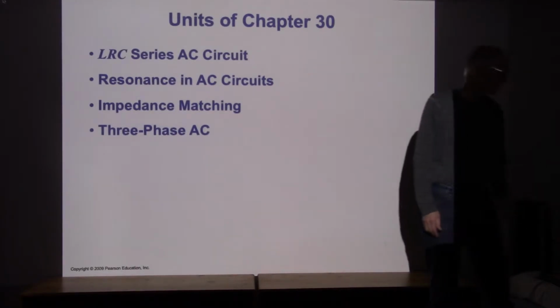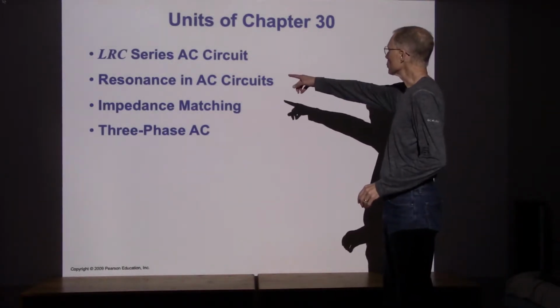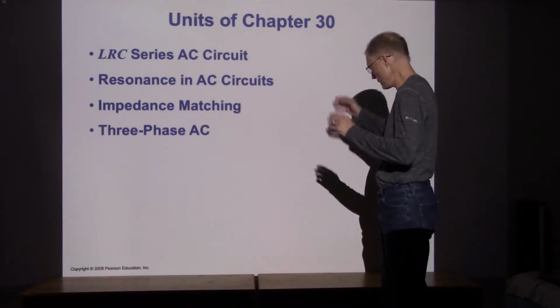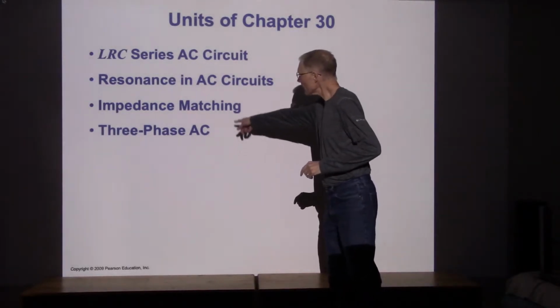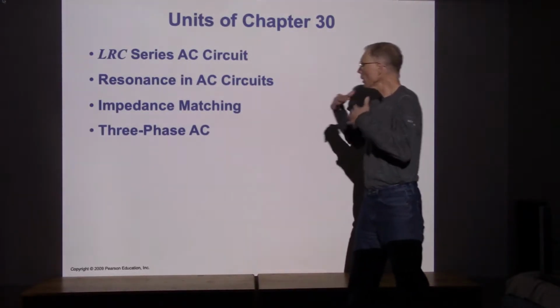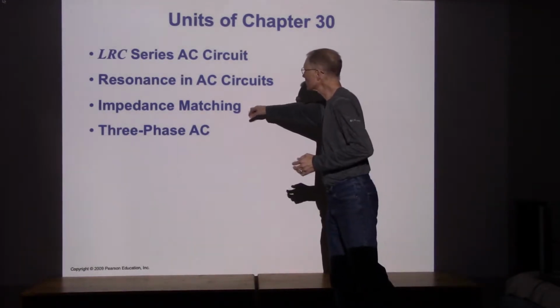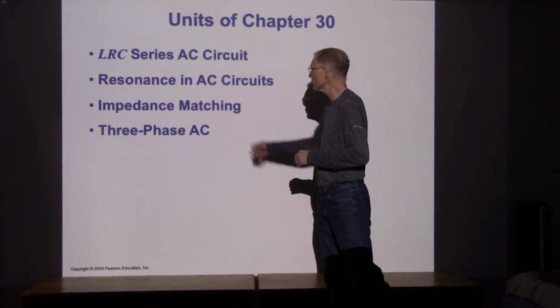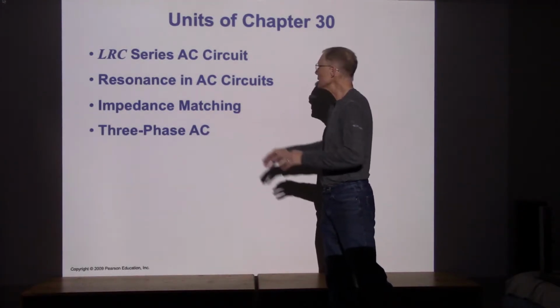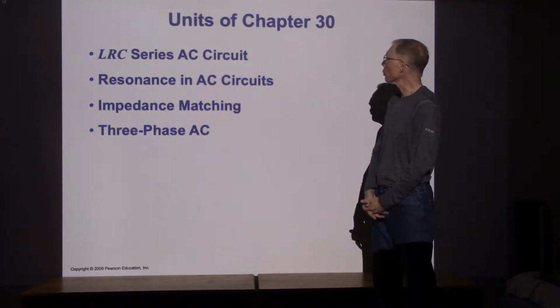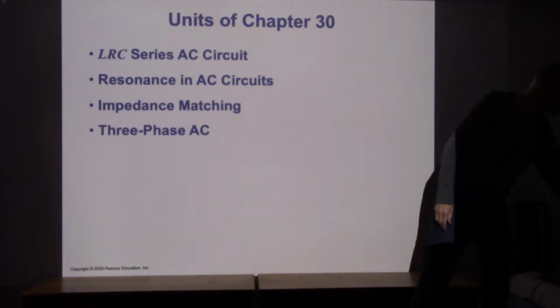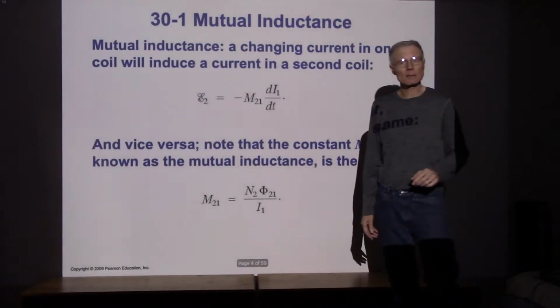And then here's some more stuff. Resonance in AC circuits, impedance matching. These last couple topics we actually aren't going to include. There are some sections in there on impedance matching. Go ahead and look at that if you're interested. 3-phase AC, not essential, so let's get going with mutual inductance.